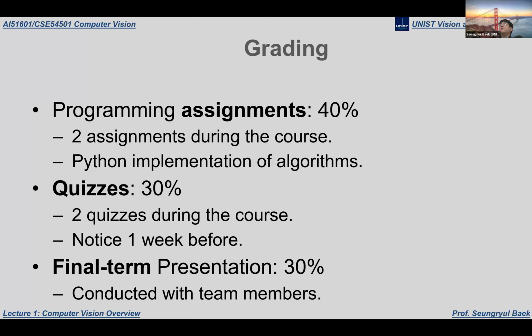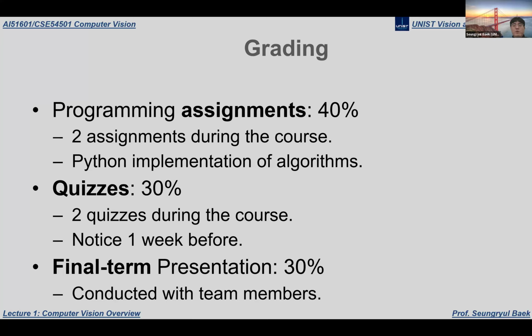And the second one will be more about the computer vision algorithms, transformer or some other architectures. And I will notice you one week before the quiz, and that will count for 30% of the entire score.